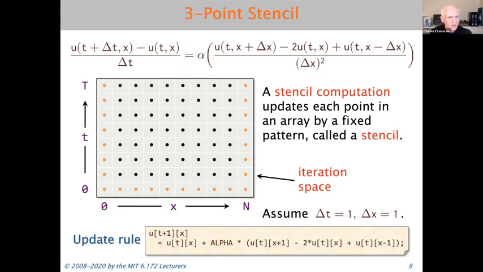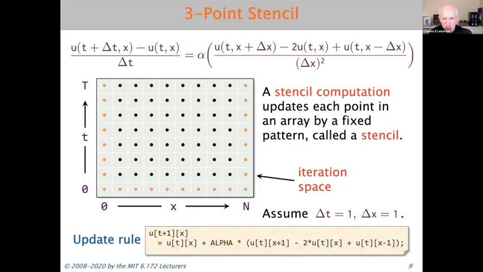Now, once we've gotten rid of the denominators, on the left-hand side we can throw the u of t comma x term to the right-hand side. We just add it to both sides. And now we get essentially the update rule at the bottom. So this is code now.